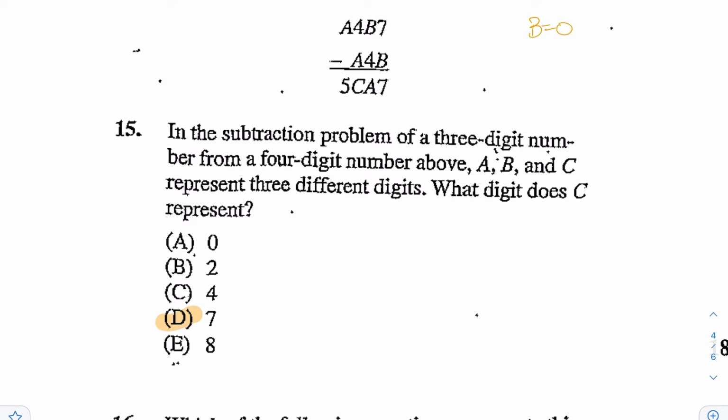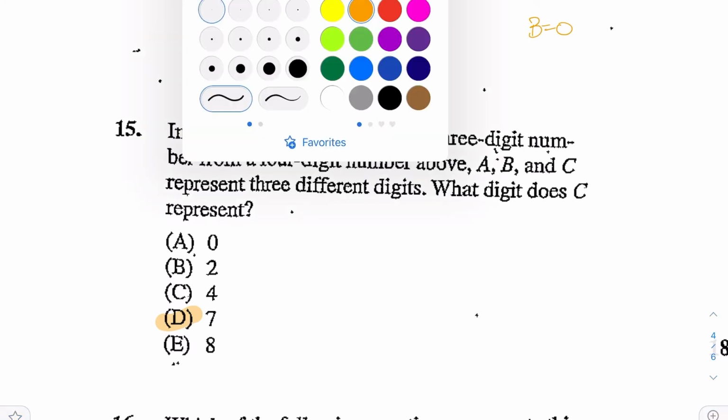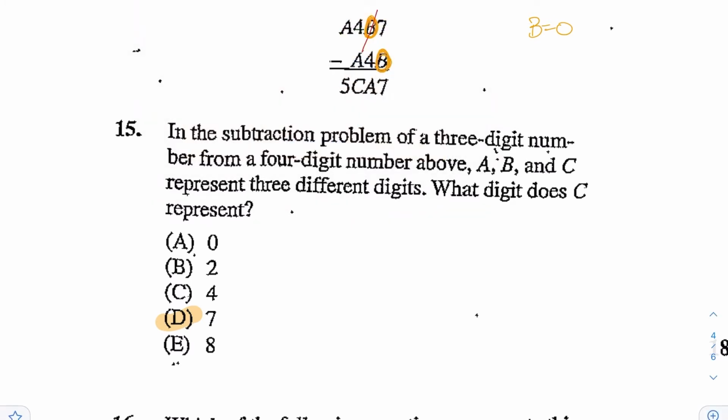So then you have a 0 and a 0 here. So you can't do 0 minus 4. So the 0 you'll have to borrow, turn to 10, and this 4 will become a 3. Now 10 minus 4 is equal to 6, so A has to be equal to 6. All right, now for the next digit, you can't do 3 minus 6.